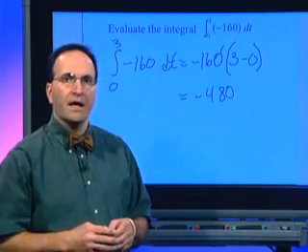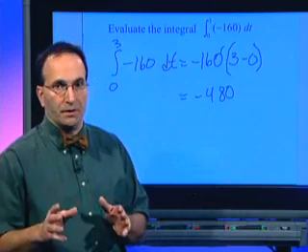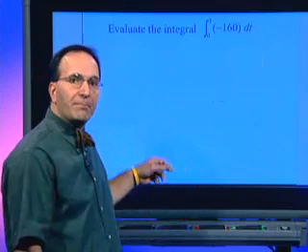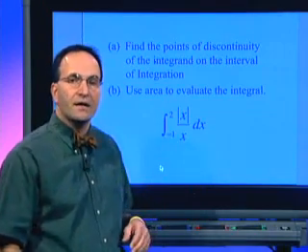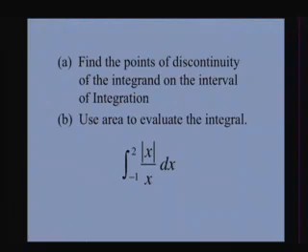Now, some discontinuous functions are integrable. And so we're going to look at an example of a discontinuous function that we can find the integral for. Find the points of discontinuity of the integrand on the interval of integration. Use the area to evaluate the integral.